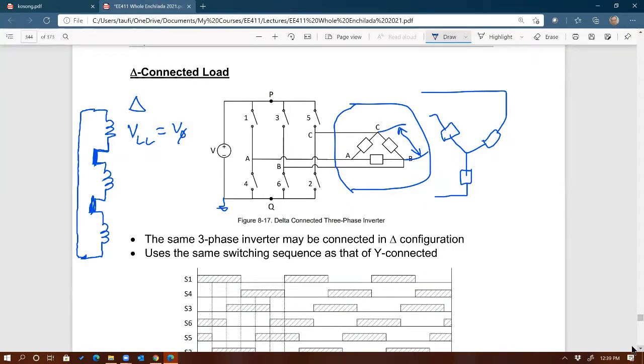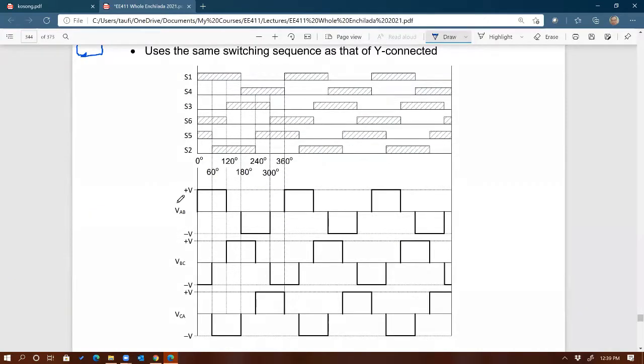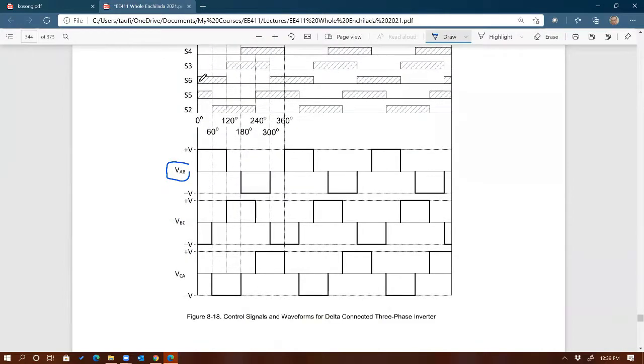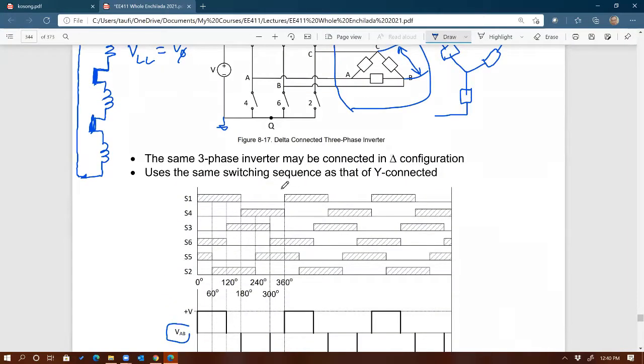All right. So here is the shape of the output voltages line to line, VAB, VBC, VCA. Depending on the 3 switches that are conducting, you will be able to determine the levels. And in order to do this, of course, you need to draw the circuit at each segment, just like what we did in a Y connection.